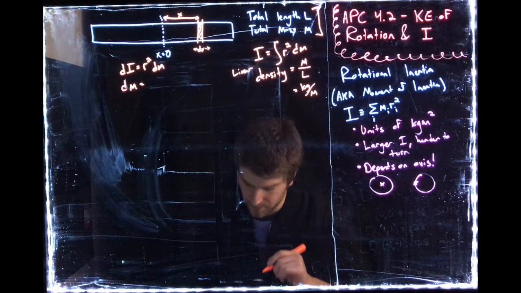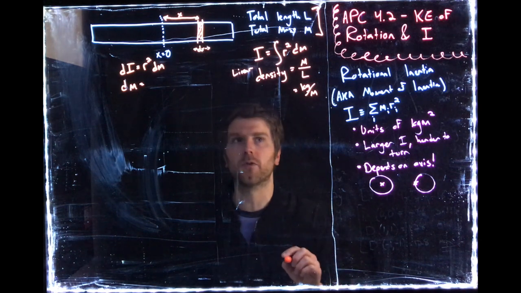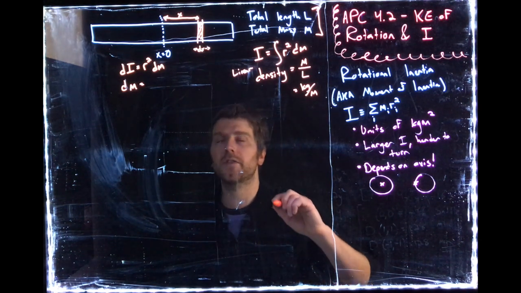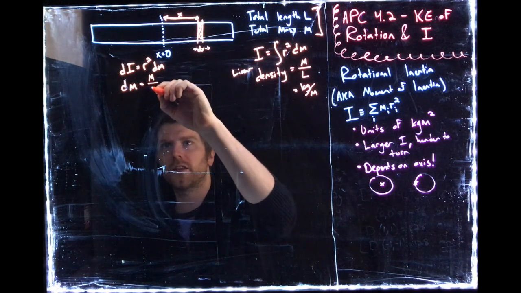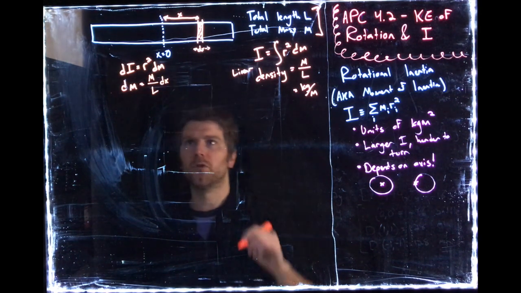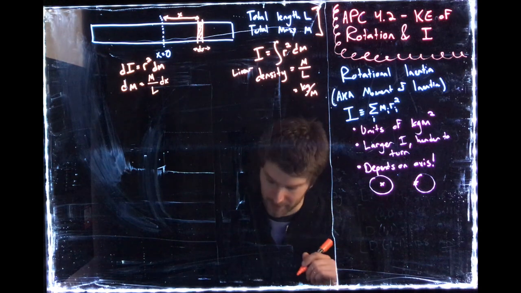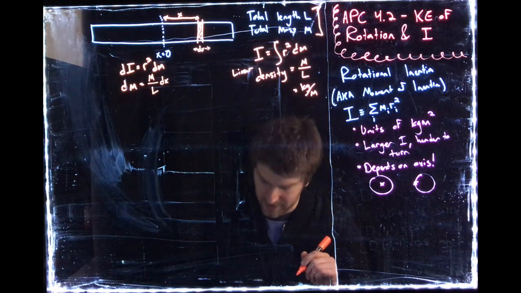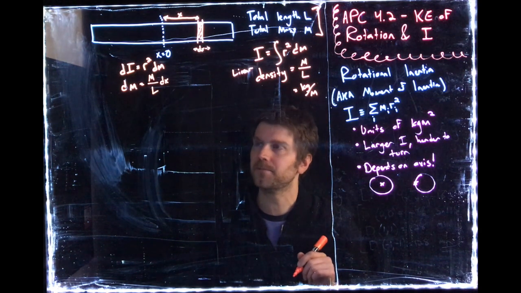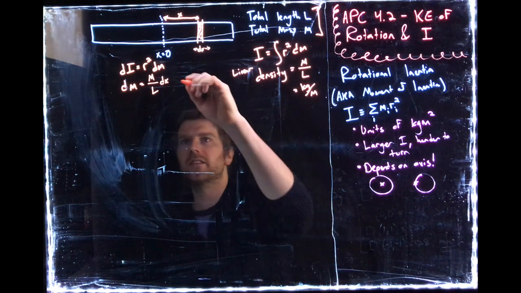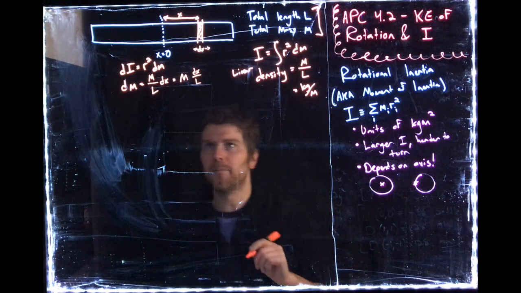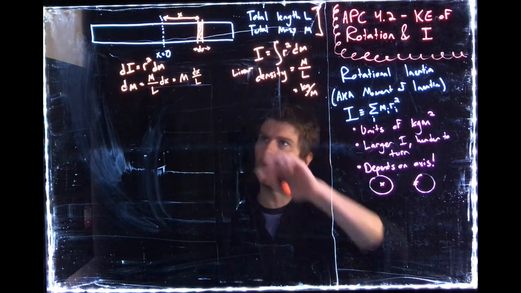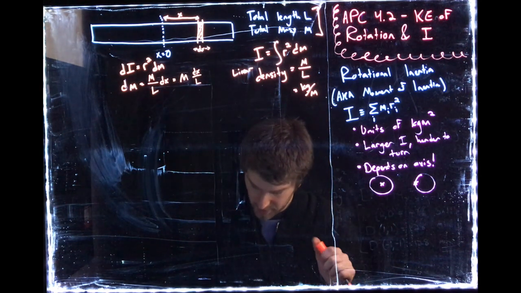So you may not have worked with density all that much before, but if I want to know how much mass is in that little section, I can just take my linear density and multiply it by dx. So I get M over L times dx in that little slice. If you like, you can think of this as the mass of the object times what fraction of the length we've cut off.